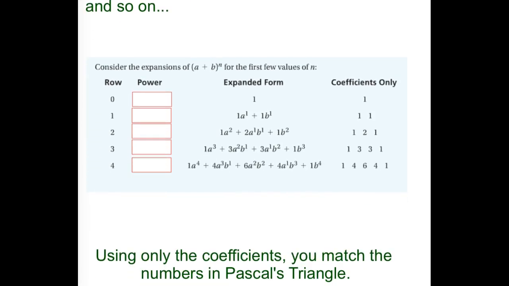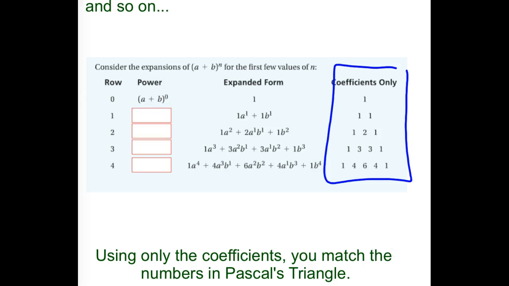If you take all of the variable pieces out and you just look at the coefficients, it turns into this. Okay? This is the start of Pascal's triangle. If we are taking a binomial to the 0 power, we said we just got a plain 1, correct? When we had a plus b to the first power, we just had a to the first plus b to the first. The coefficients on both of those were 1s.